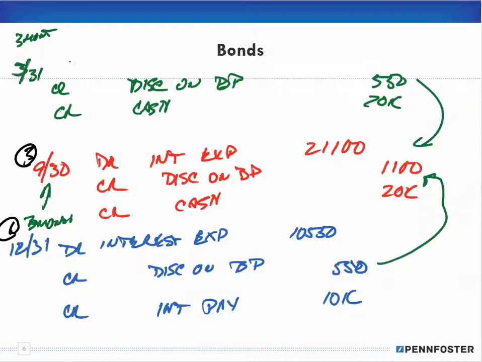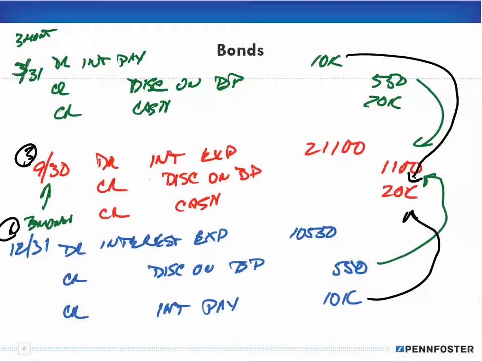We have to debit our interest payable for the $10,000. Remember, that's half of this, the same half of that.